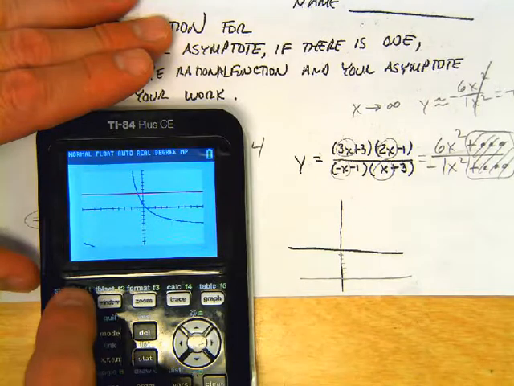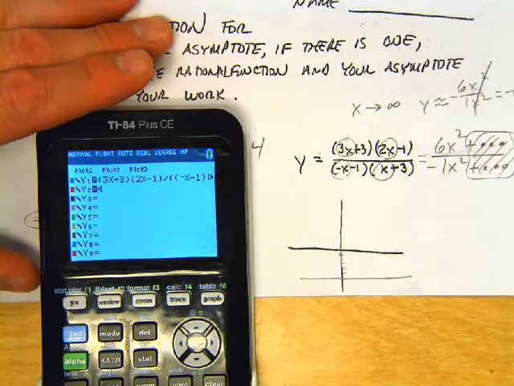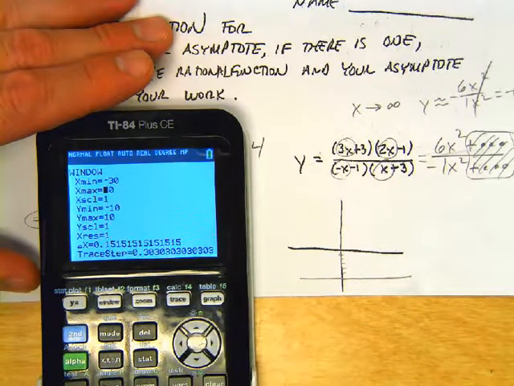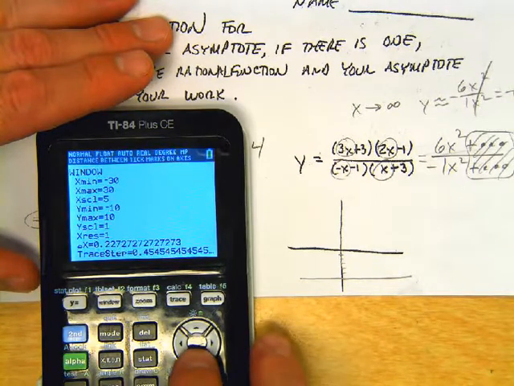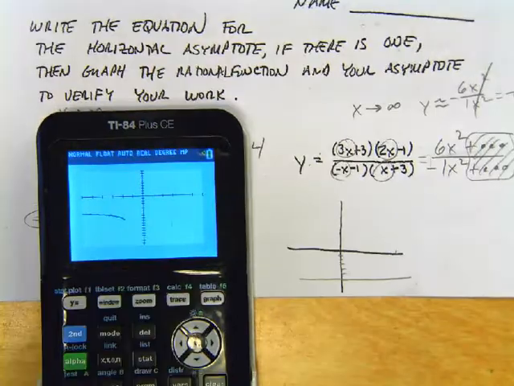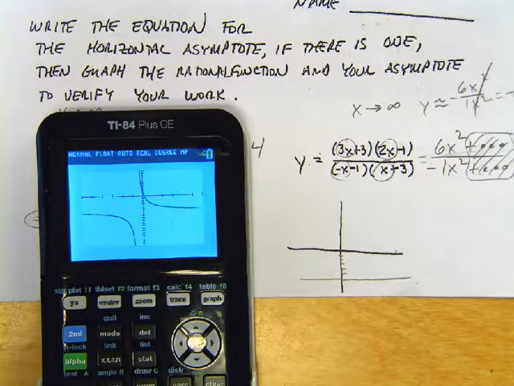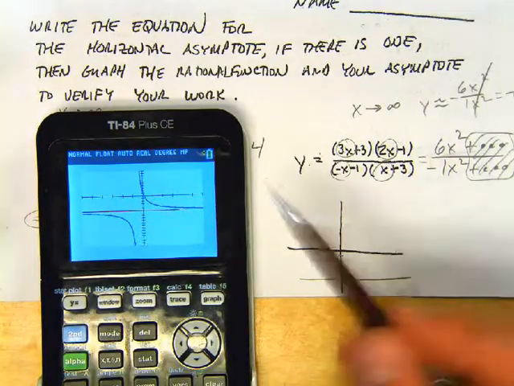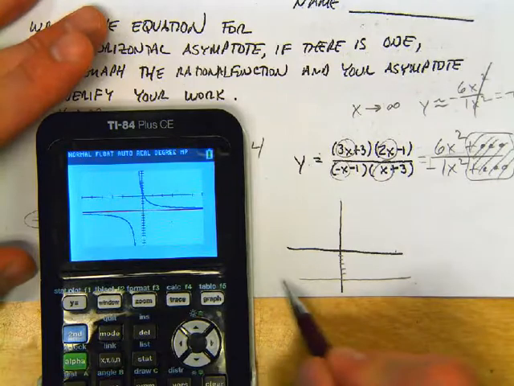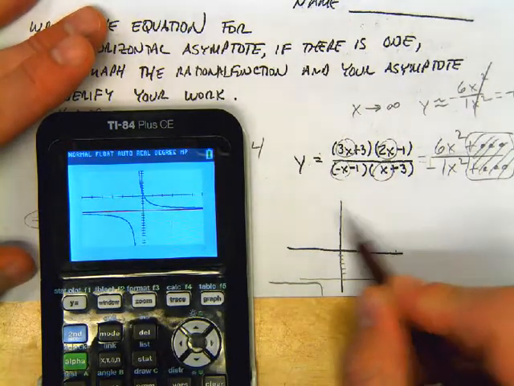We'll change that to negative 6, and then we'll go to the window, and let's go negative 30 to positive 30 by 5s, and then we'll go down a little bit, negative 20. Let's see if we can see a little better now. Yep, and so where x is large, the function acts like the asymptote, like that.